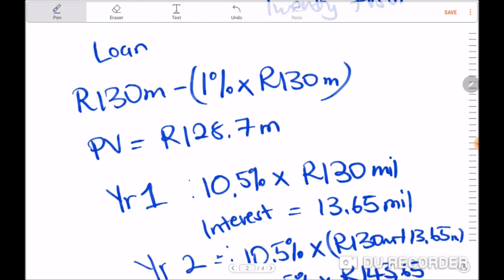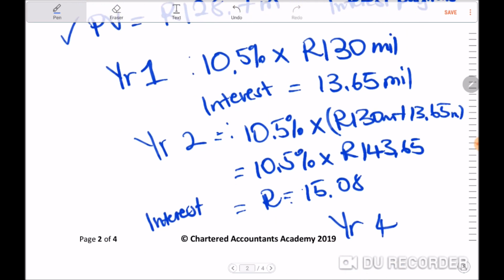Now, I have my present value and I have my interest payments. By the end of year 4, I should be able to calculate the future value.